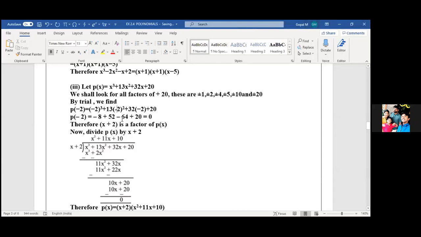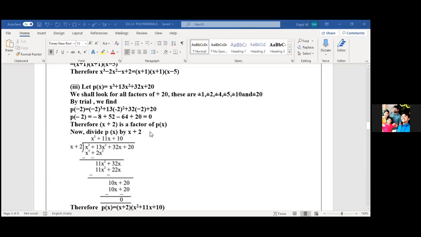So minus 64 minus 8 is minus 72. And 52 plus 20 is plus 72. We are getting 0. Okay. So if x is equal to minus 2 is a root, shift it towards the left side: x plus 2. So x plus 2 is a factor of p of x.